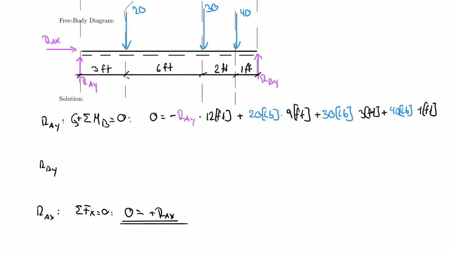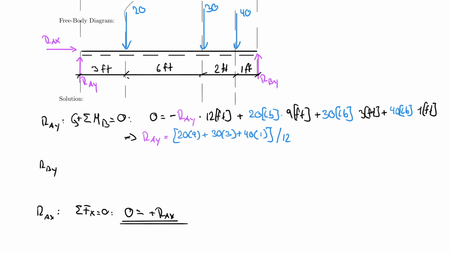And now I can solve the equation. I can just state that RAY is equal to 20 times 9 plus 30 times 3 plus 40 times 1, and the whole thing divided by the entire lever arm, 12. And please notice the physics of the entire equation. So I have pound times foot, pound times foot, pound times foot, and that needs to be true for all of them. So it's a moment equation.